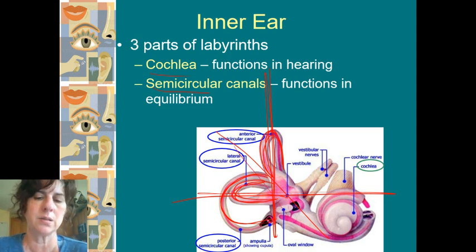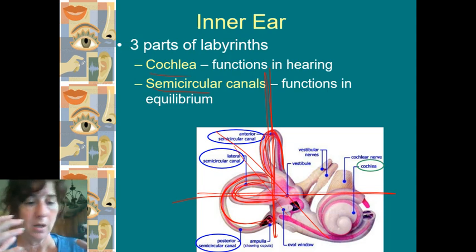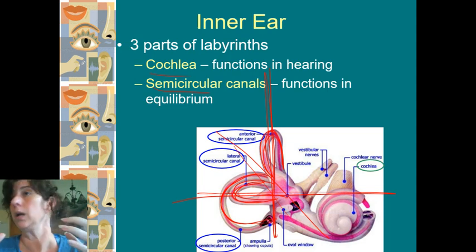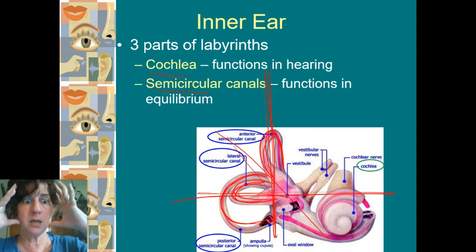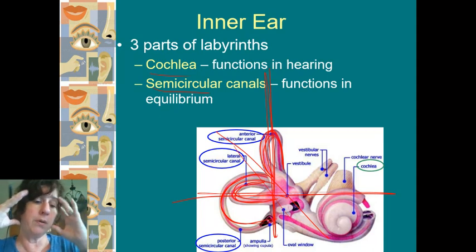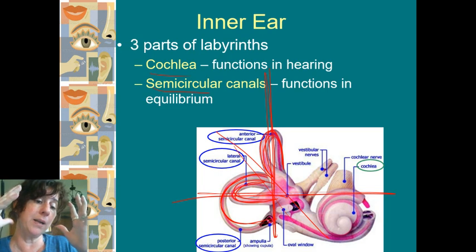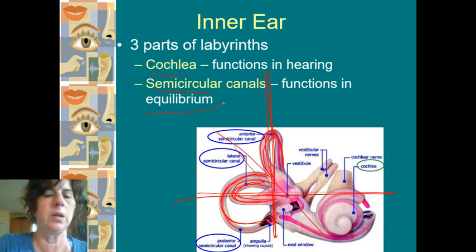I can't draw that because it's 3D, but it's basically three different dimensions from each other. That's going to pick up where my head is located as I move in all kinds of directions, and lets me know where my head is so I don't get dizzy and discombobulated. I can figure out what position my body is in relationship to my head. So these guys are dealing with equilibrium.